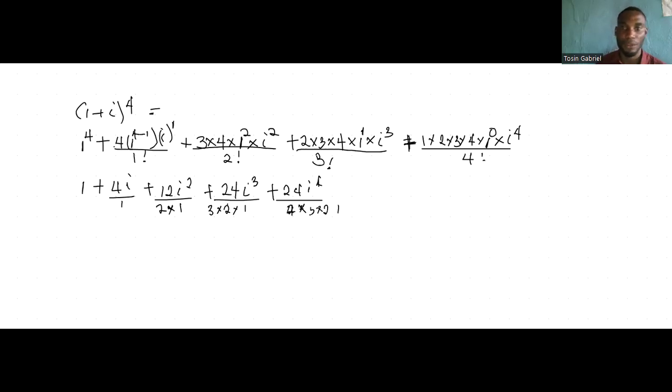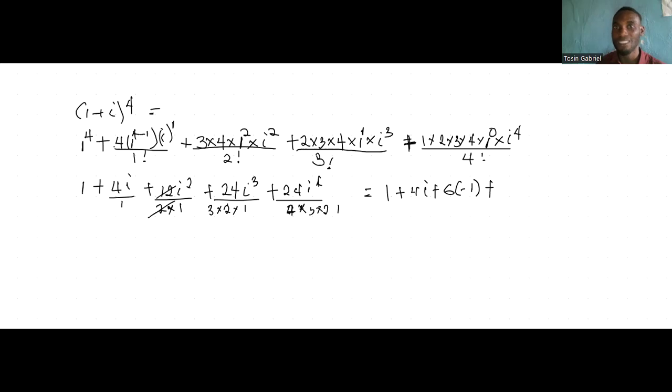So now you have 1 plus 4i plus 12 over 2, that's 6. So you have 6, but your i squared is minus 1, don't forget. Then plus 2 times 3 times 2 is 6. 6 divided by 24, 4.